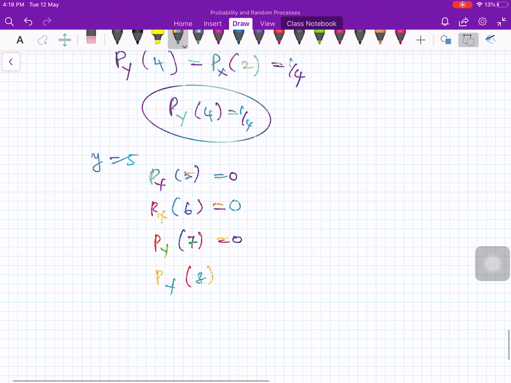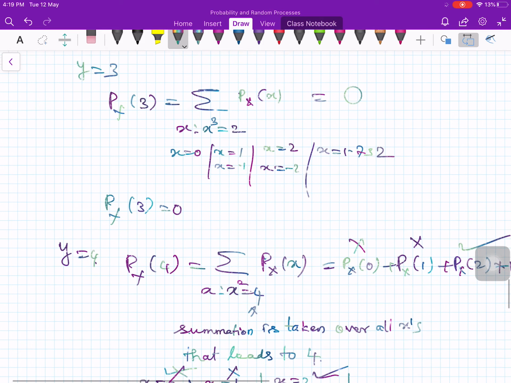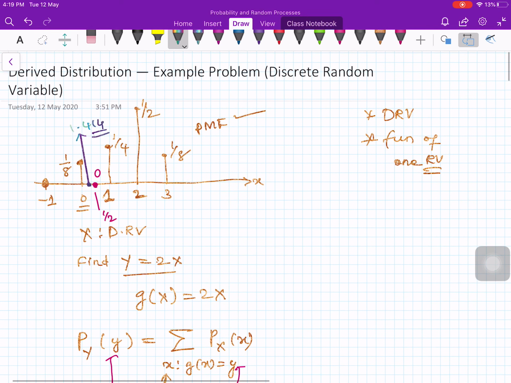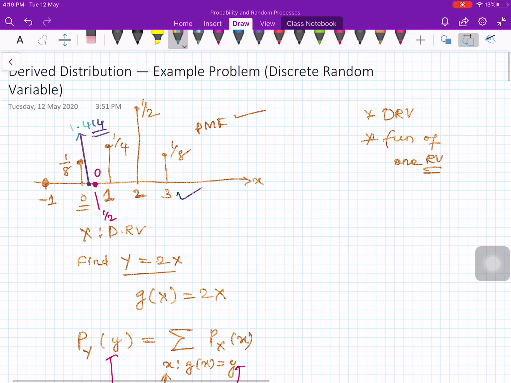Py of 8 equal to 0. Then Py of 9 is, yes, non-zero. At this point you will get 1/8. Let me check. Yeah, it is there. So this value is correct, 1/8.